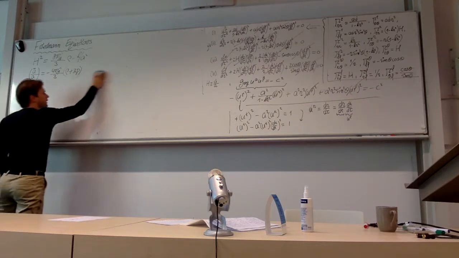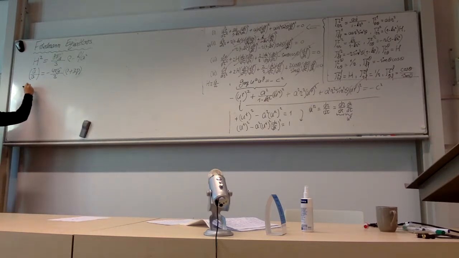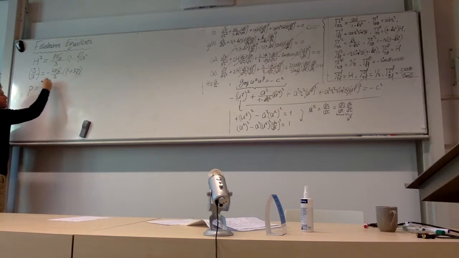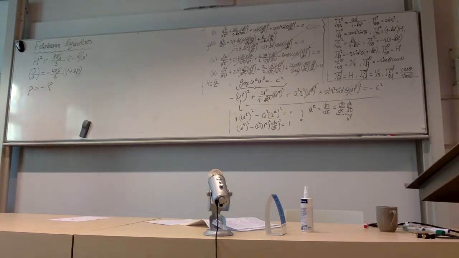Now, we're going to look at a very special case here. P equals minus rho. Try to give some interpretation to this stuff that might have a positive energy density, so this is a positive number, this many joules per cubic meter, but then it has a negative pressure. It pushes inward or something like that.